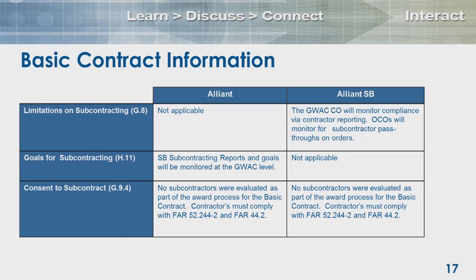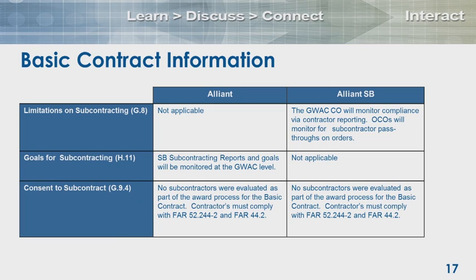If you're going to award a task order to Alliant Small Business, you want to make sure the prime is doing the majority of the work, over 50%. The subcontracting goal under Alliant Small Business is 50%. That's quite robust.